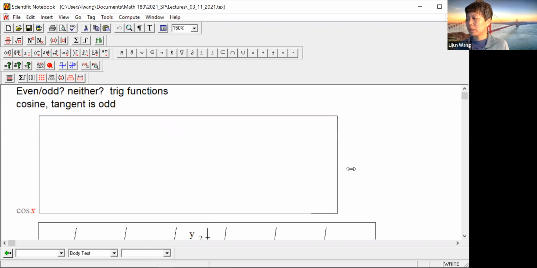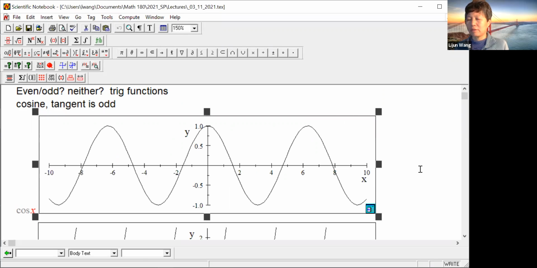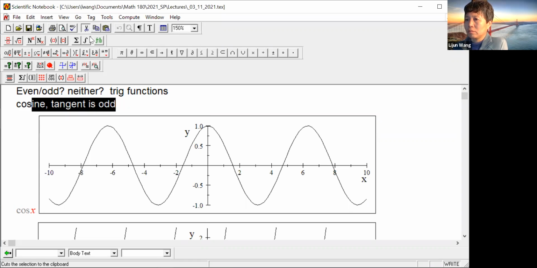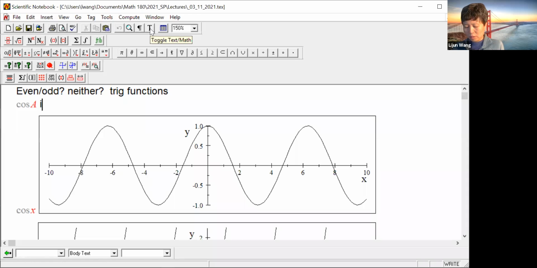Doing math is really a thinking process. Cosine is even. So the cosine function is even.